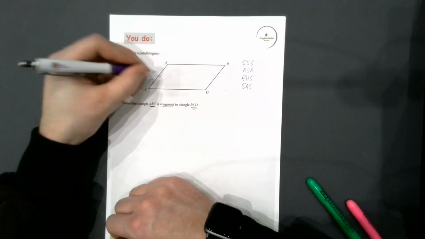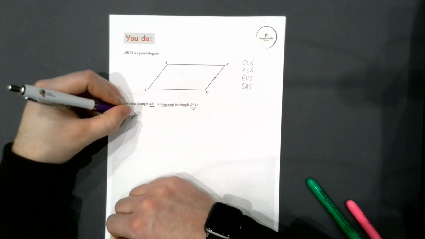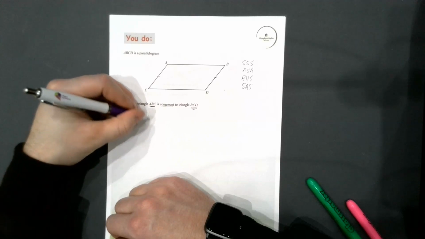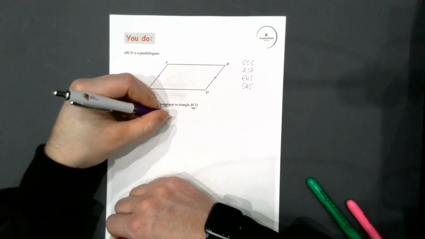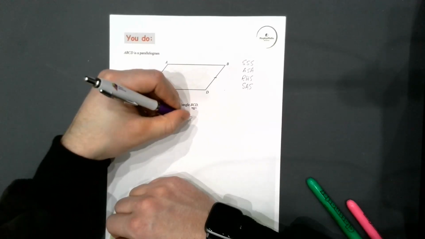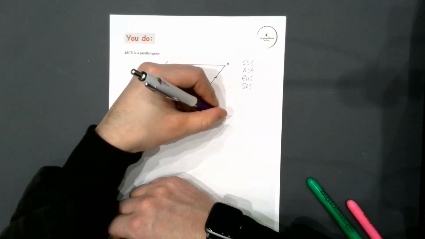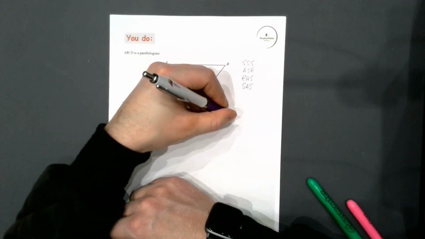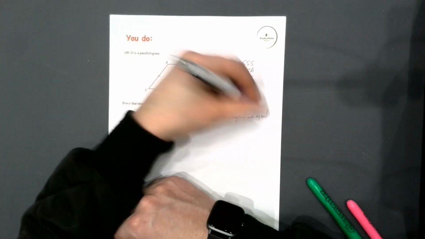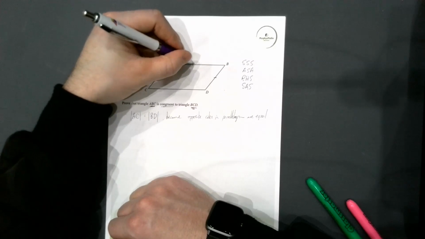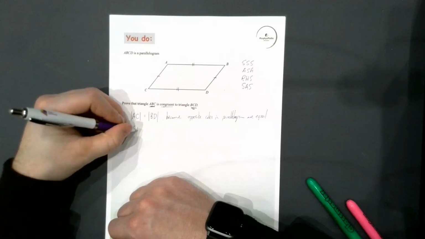I know AC is going to be equal to BD, and that's because opposite sides in a parallelogram are equal. And I'll be able to say the exact same about AB and CD.